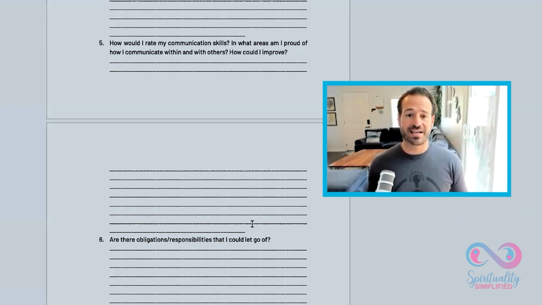I'll pause there for a moment because the communication within is so important. And as neuroscience teaches us, we have 60 to 75,000 thoughts a day. And 80% of those are thoughts from the day before. But the real kicker is 90% of those thoughts from the day before are negative.